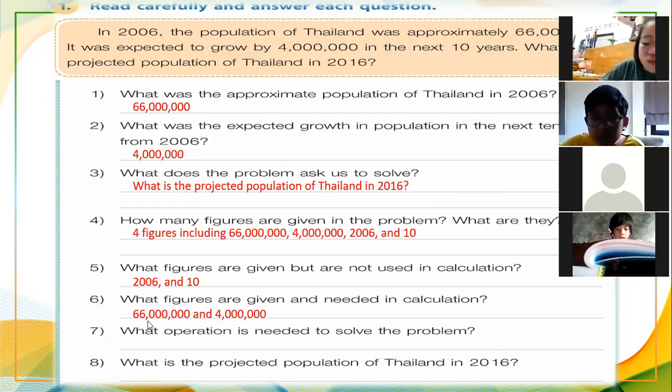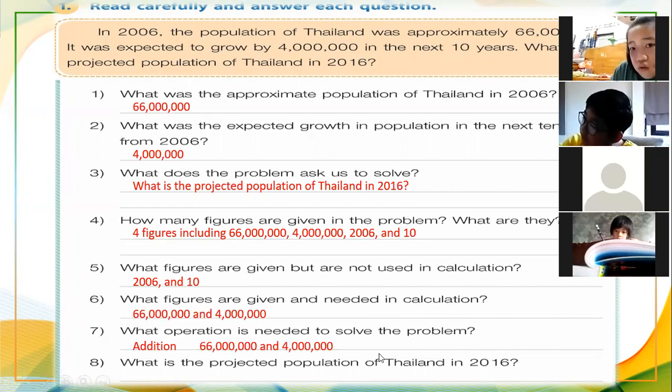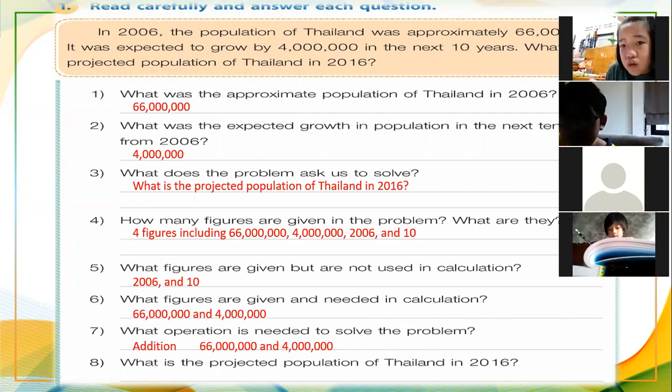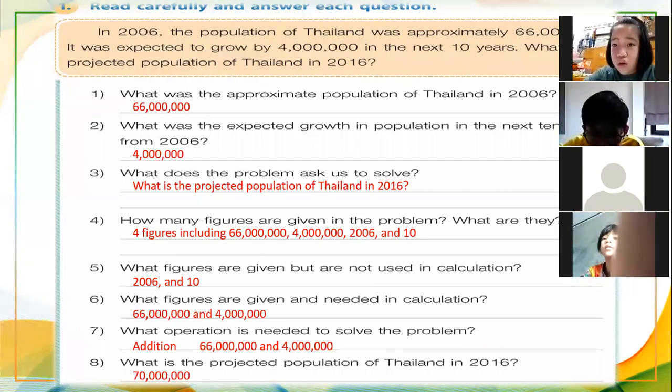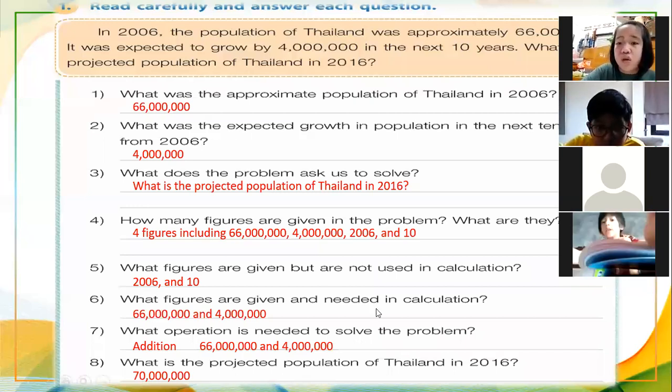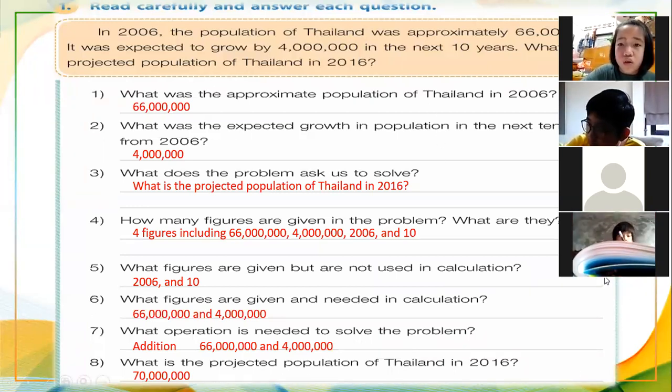If we add both figures, 66 million plus 4 million, how much do we have? 66 million plus 4 million becomes how much, students? 70 million. Exactly, that is the correct answer. 70 million. Okay, this is how we are going to solve the problem.